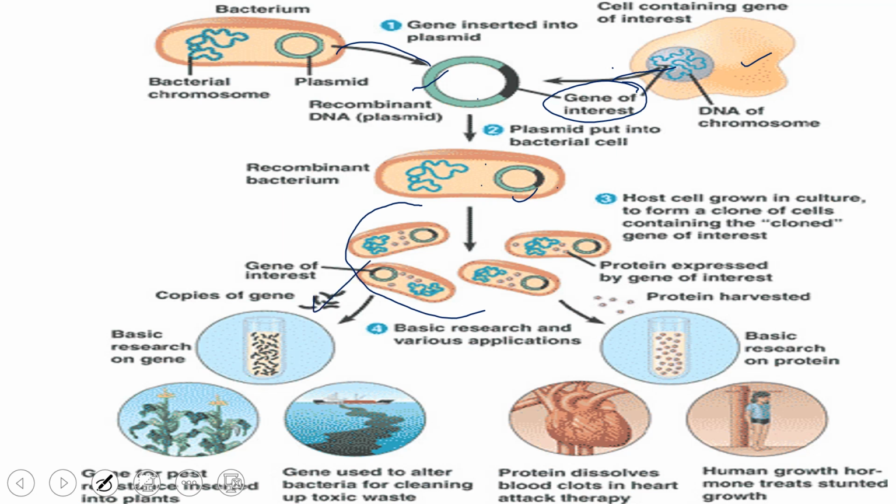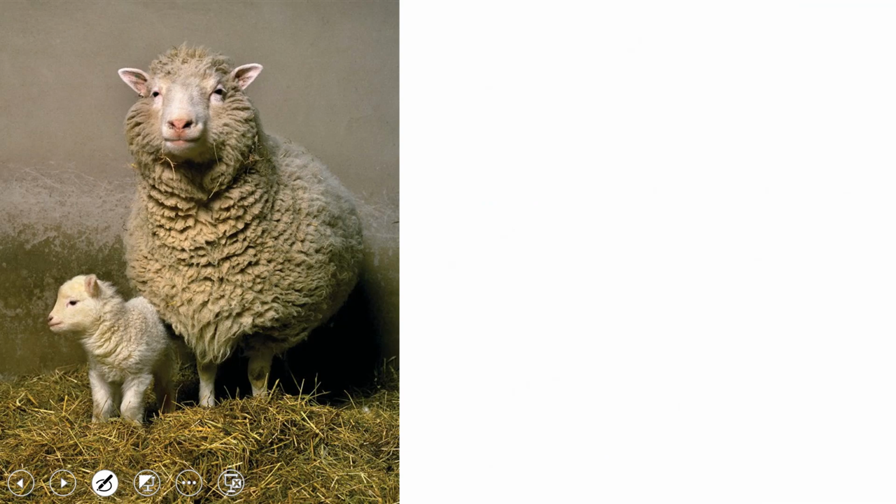So either the gene of interest will be isolated or protein will be harvested, and that protein will be used in many different places. This is the basic process of gene molecular cloning. Later on I will make a video on all the 7 steps one by one in detail, where we will talk about the 7 steps in more detail.